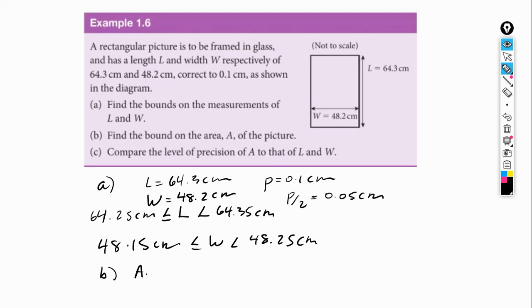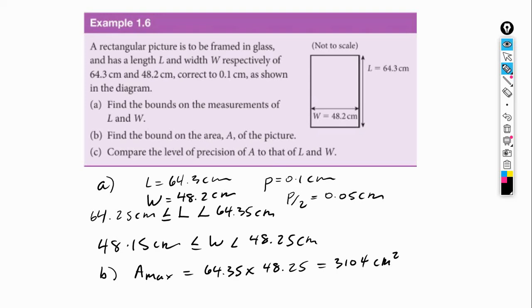So the maximum area would be where the measurements are maximum, right? So that means a length of 64.35 times a width of 48.25, and that is going to give us about 3,104 centimeters squared.